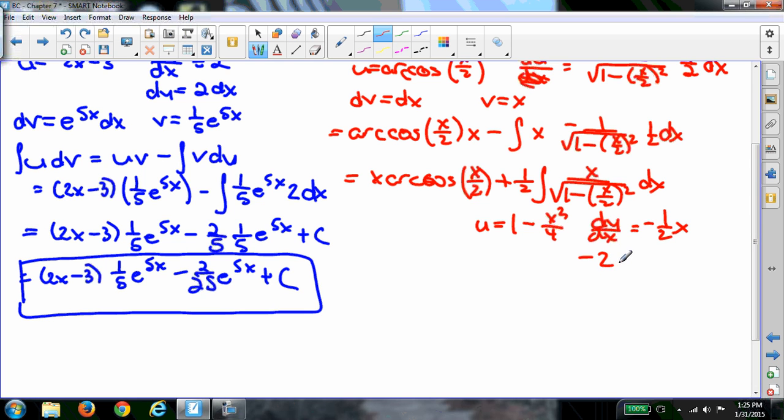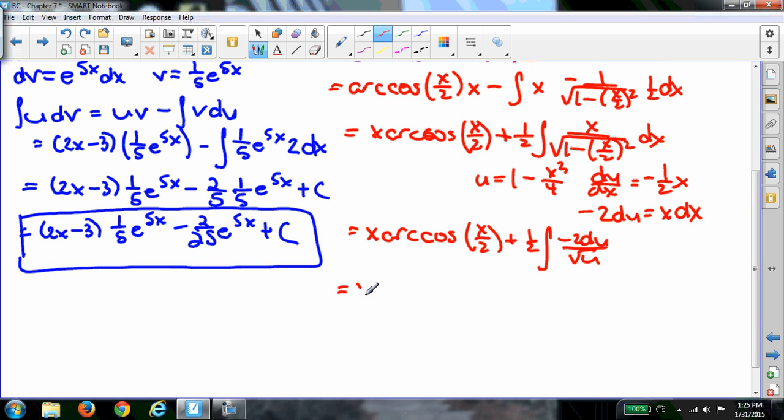So negative 2 du equals x dx. So substituting in, I have my x arc cosine of x over 2 for my parts, plus 1/2, and now replacing all this, I'm going to have a negative 2 du for the x dx part, all over square root of u.